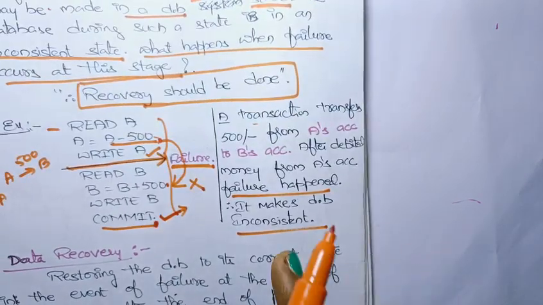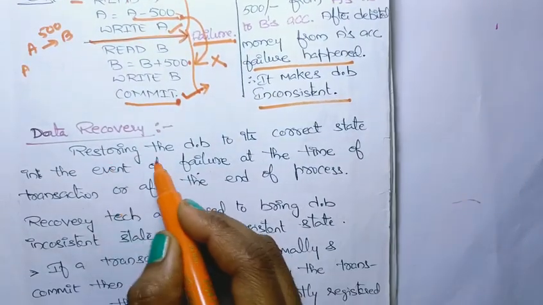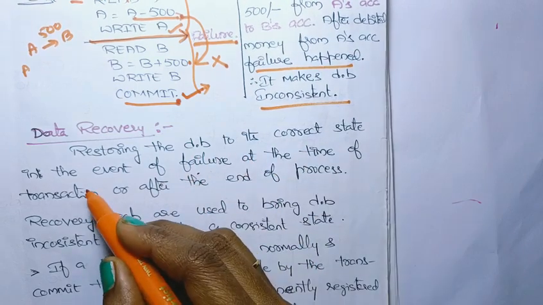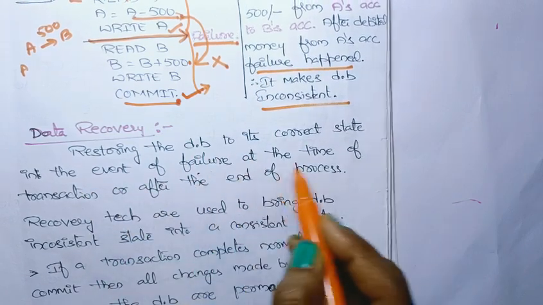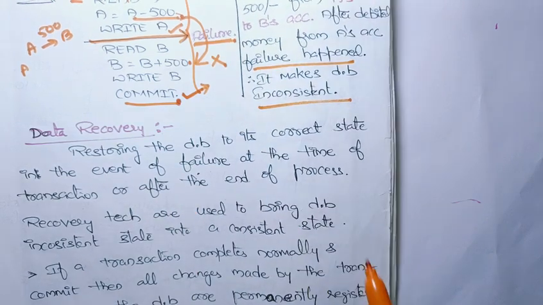If you want to write the notes, please write the notes. Next one, data recovery: restoring the database to its correct state in the event of failure at the time of transaction or after the end of the process.